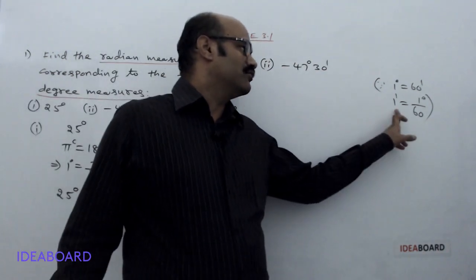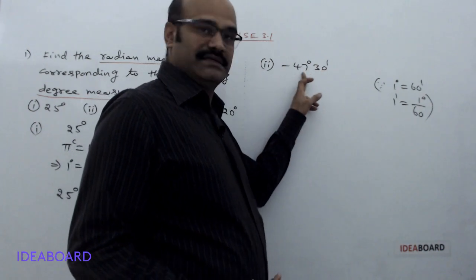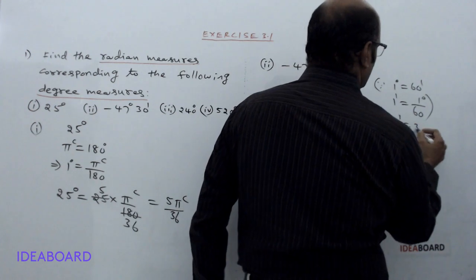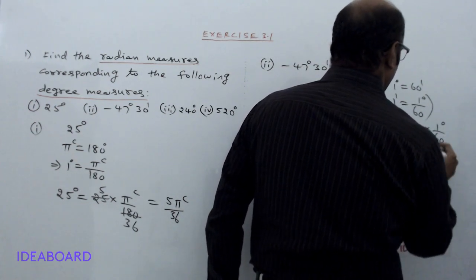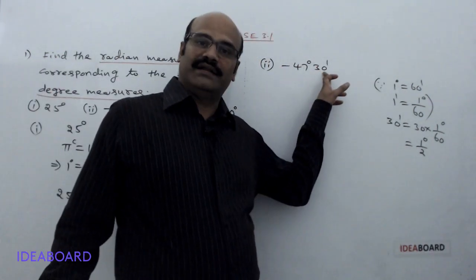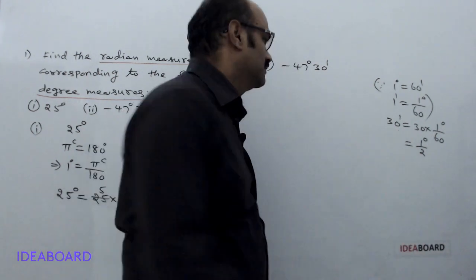We should convert everything in degrees. So 30 minutes equal to 30 into 1 by 60 degrees equal to 1 by 2 degree. So in the place of 30 minutes we have to write 1 by 2 degrees.